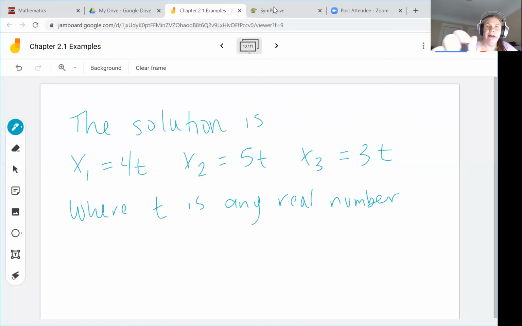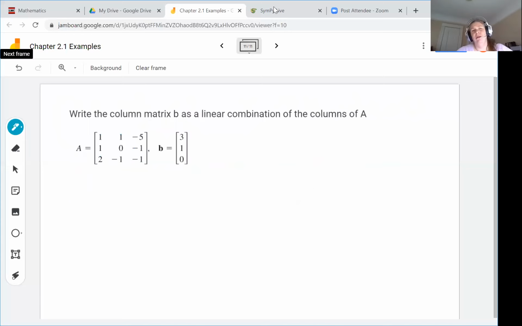Okay, let's look at another example working with matrix multiplication. We want to write the column matrix B here as a linear combination of the columns of A. I'm going to start by constructing the augmented matrix here, and then go ahead and do reduced row echelon form.